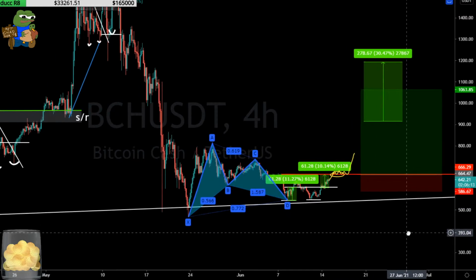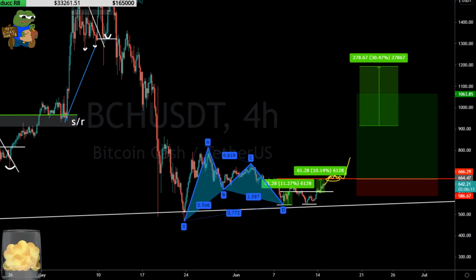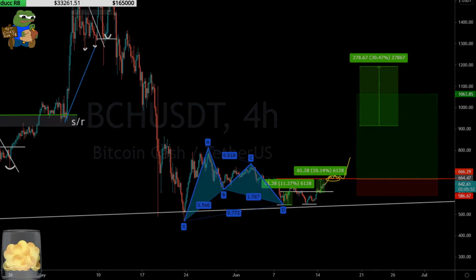It'd be something like that, okay? On BCH. So you need to flip that 666 into support. And again, at that point, you'd have Bitcoin above 41. Critical, right? That the macro is also in your favor.